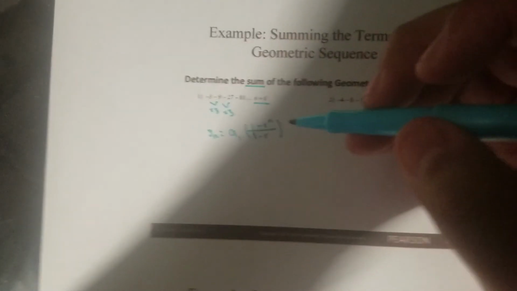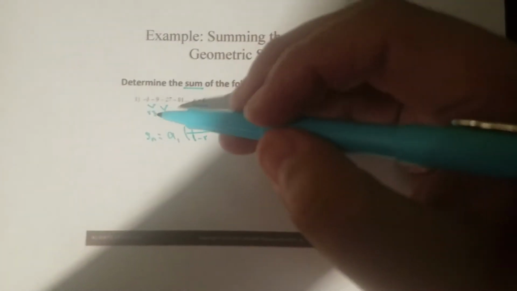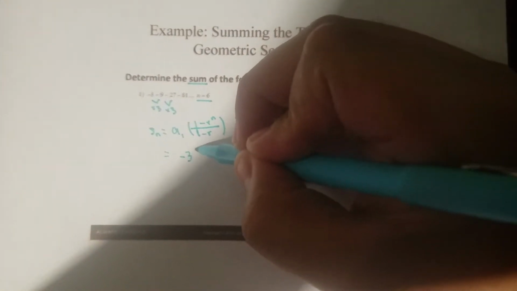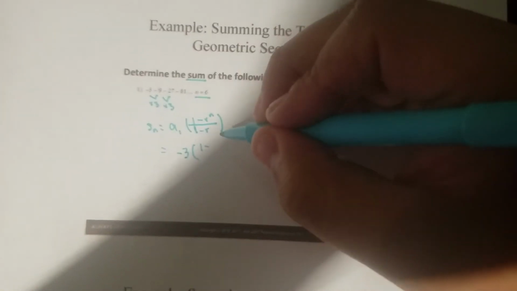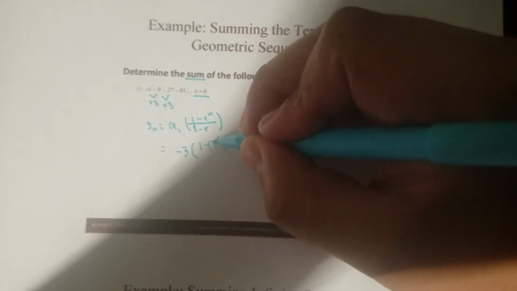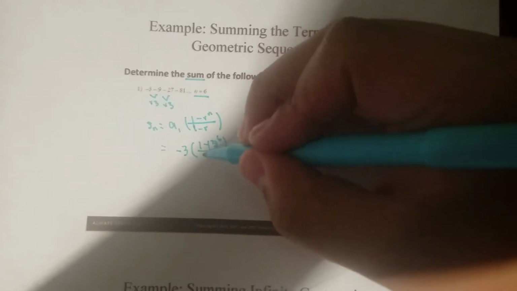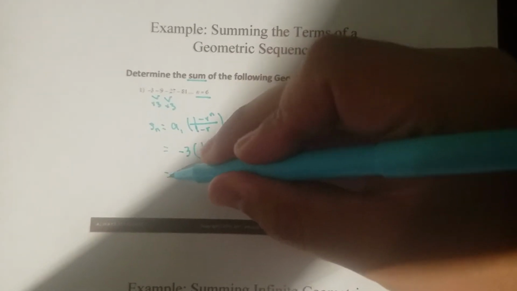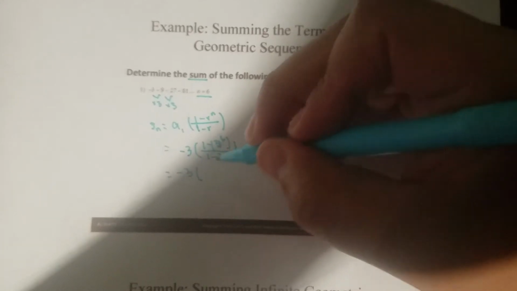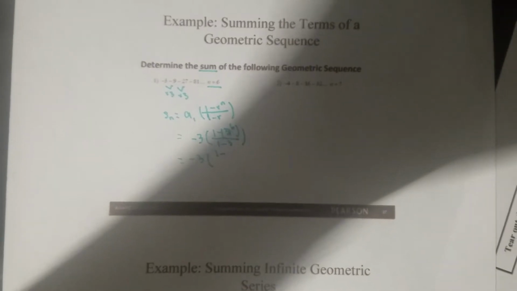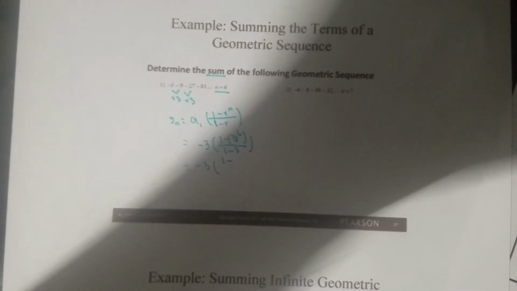Okay, so here my r, my pattern is 3, so I know what it is, it's 3. a1 is negative 3. 1 minus 3 to the 6th power. Again, put that in parentheses, guys, because if it's a negative, it makes a difference. Times 1 minus 3. So this is negative 3. 1 minus 3 to the 6th.